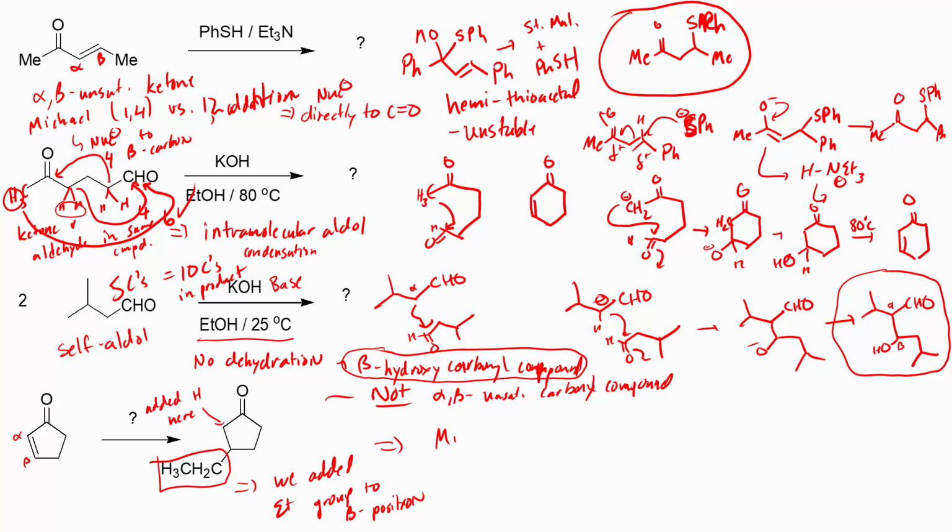This looks like a Michael addition. Okay. All right, so we want to do a Michael addition to the beta position. Michael addition of R groups is best done by cuprates.